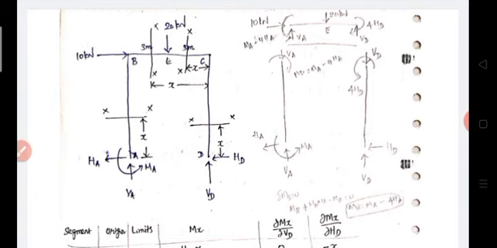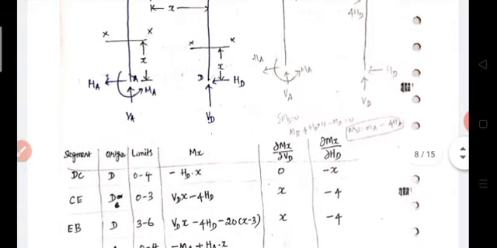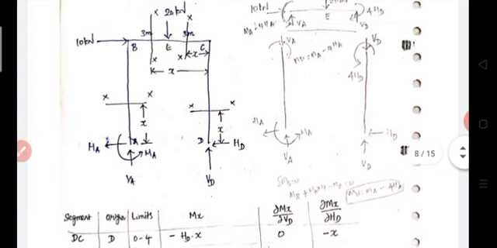HD creates a counterclockwise, hogging moment. It is a horizontal force, so the perpendicular distance is the height of the column, therefore minus 4 HD. Then dou Mx by dou VD is equal to x, and dou Mx by dou HD is equal to minus 4.